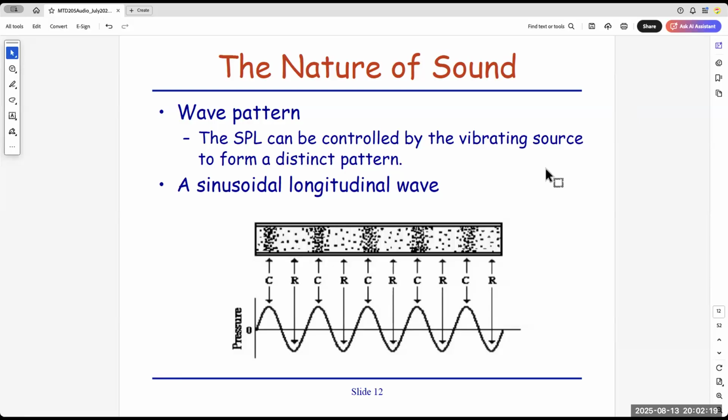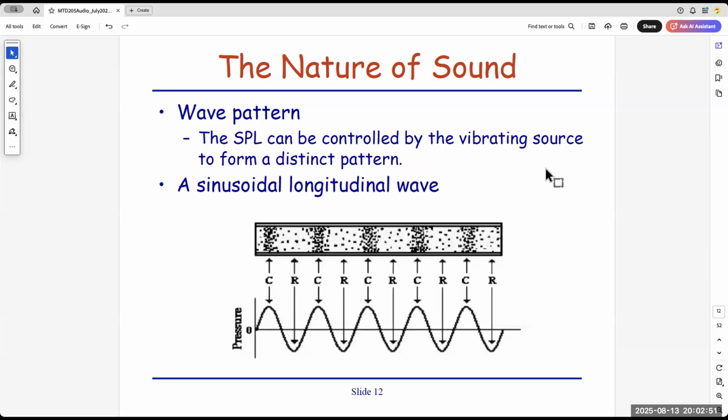So the sound pressure level actually depends on the strength. It can be loud or soft. Just like now I say hello, very loud. Of course, because my sound pressure level from my vocal cord is loud, I shout. If I say hello, it's very soft, so the sound pressure level is very soft. In very layman terms, you can say that sound pressure level is related to the density of the sound.